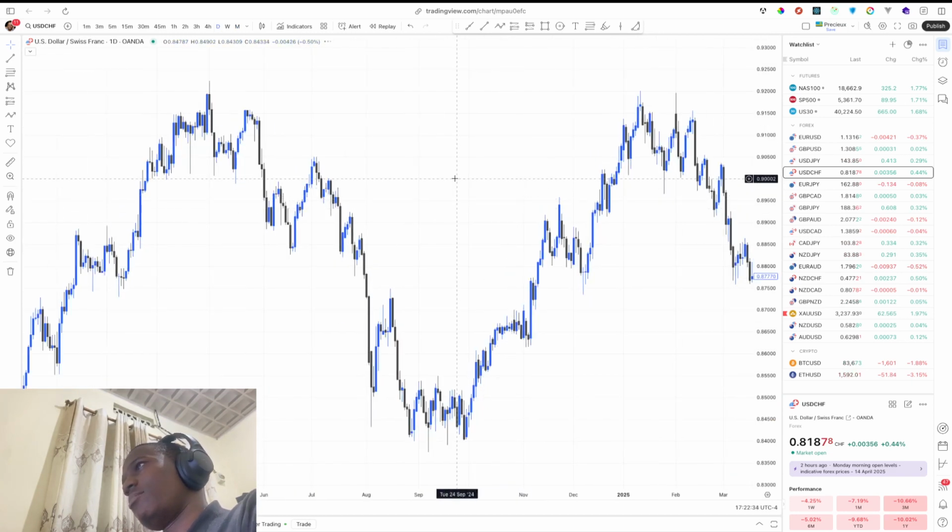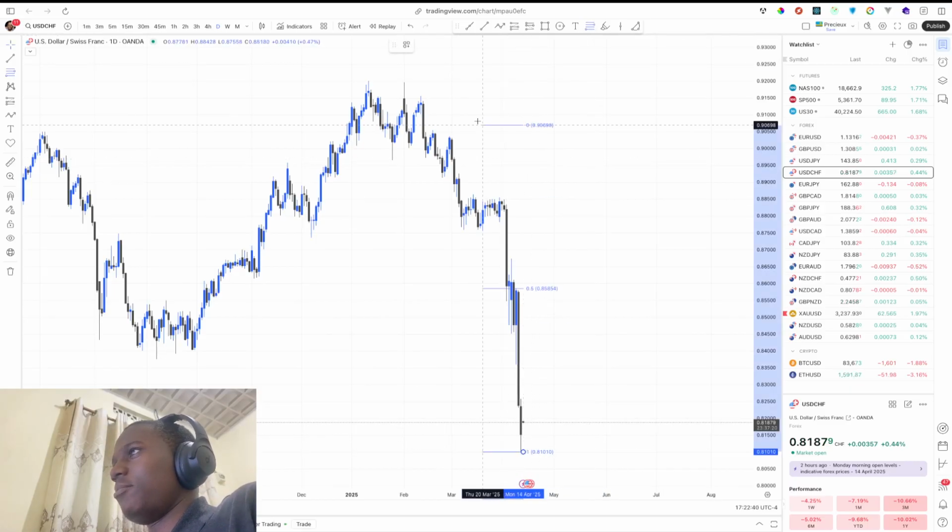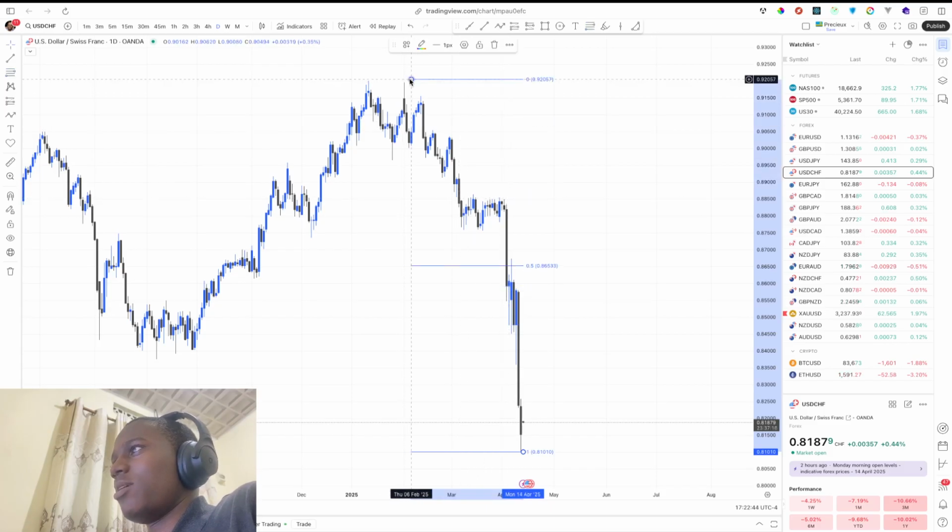Well, my bias here would be to first rebalance. Maybe to this. This is not a very good high to rebalance to. Probably here. So if market would rebalance, then it would be great to enter in a trade.